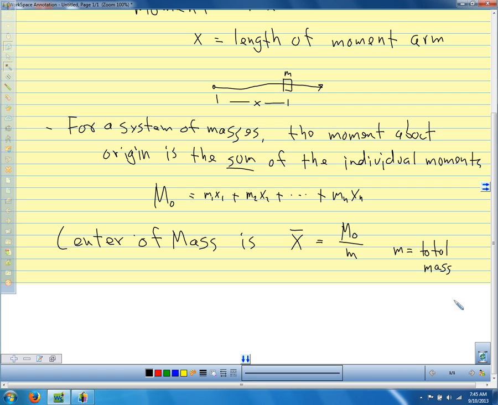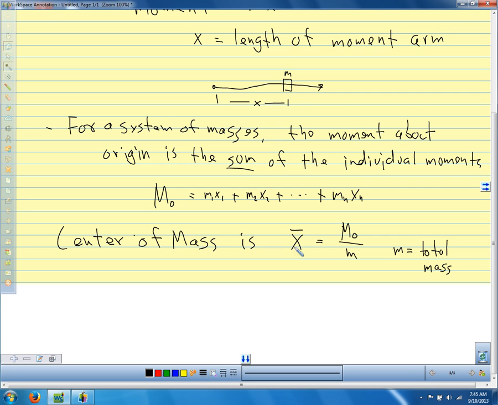So the center of mass of a one-dimensional system is just like I said, like a balance beam. It would tell you where you would have to place a point, and that system would balance at that point. That would be the center of mass. So we would find the moment, divide by the total mass, and that would give us the x-coordinate of the center of mass, about the origin for a one-dimensional system.